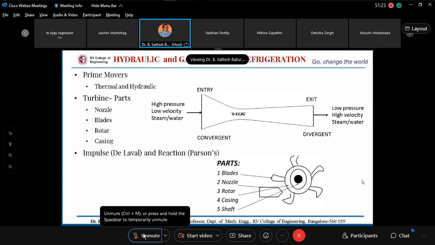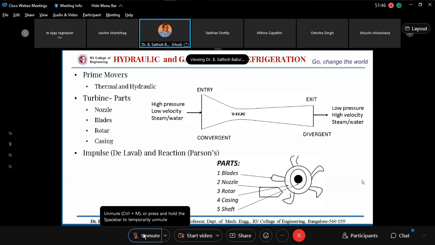Okay, so very similar. Can you just quote some examples over here for prime movers? So I said it can be any form of energy at input, but some useful work at the output. That conversion is done by a prime mover.